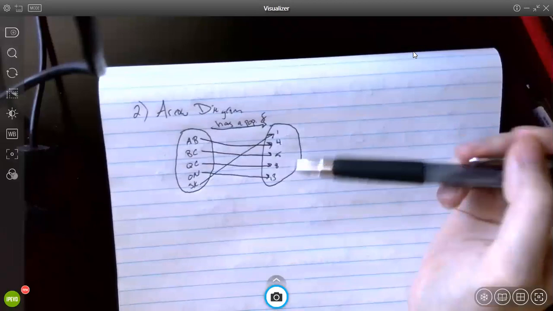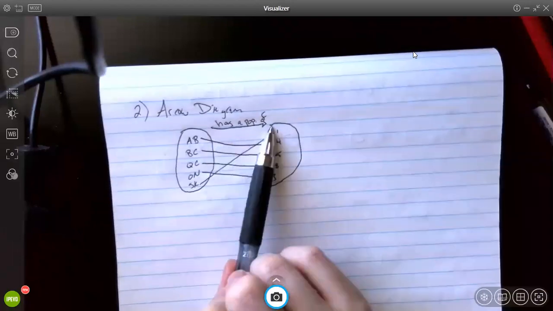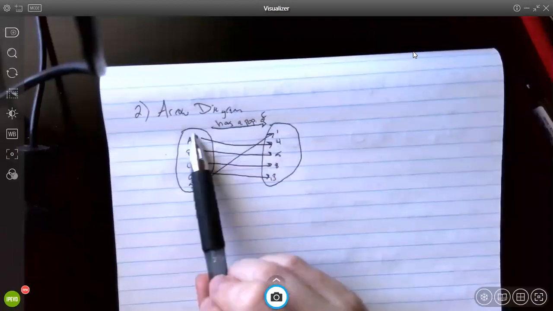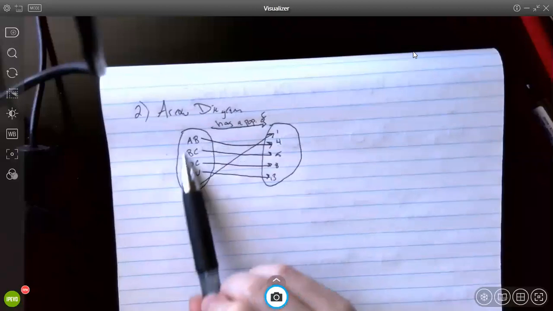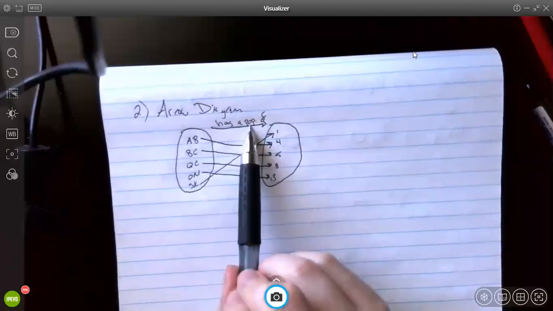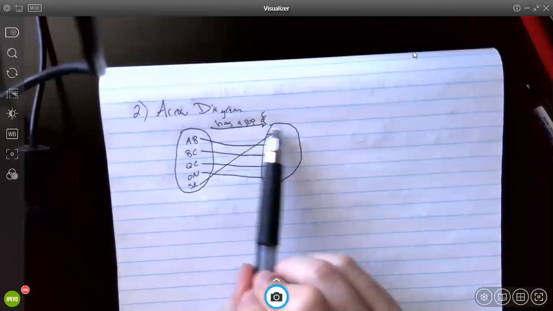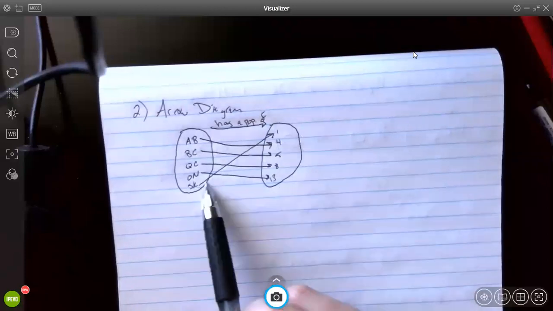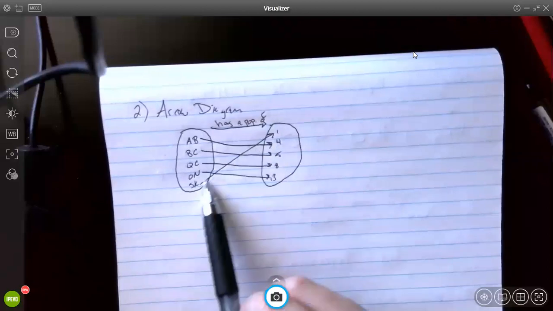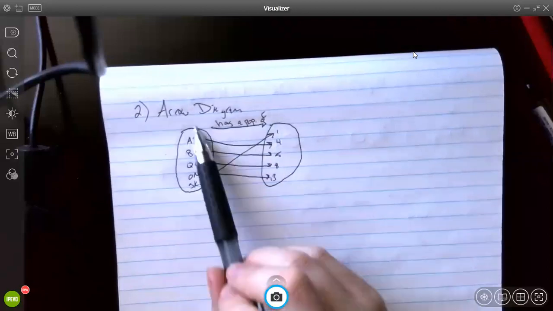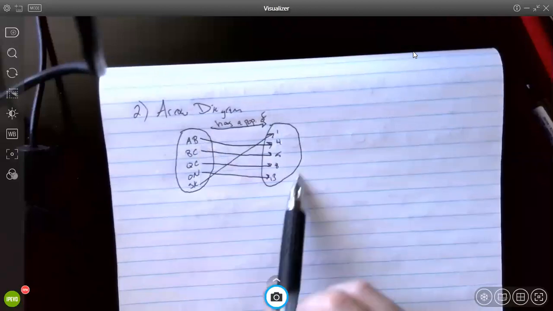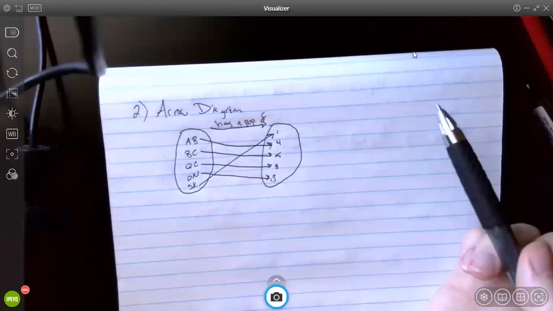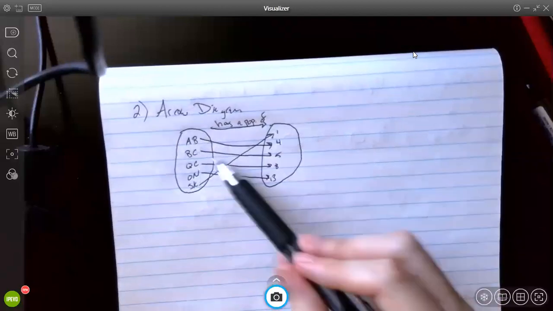And then at the top, it's showing what this is a relationship between. So these are provinces. It's saying that the province has a population of, and then the actual population size is in the second set. And then we just draw arrows connecting the terms in set 1 to the corresponding terms in set 2. And they don't have to go straight across, they can go any which way.